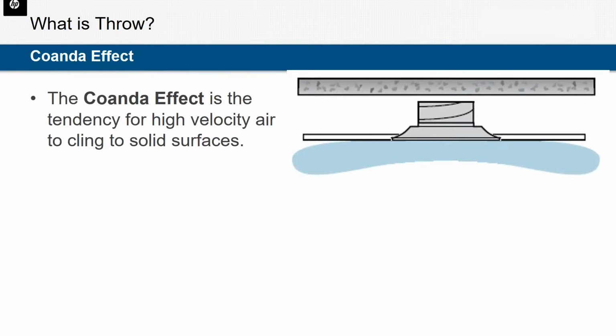Now there's an effect called the Coanda effect. This was originally derived in aerospace engineering to describe air flowing around the wing of a jet, essentially an airfoil. But we work in HVAC. We get to use aerospace principles every so often ourselves. The Coanda effect is essentially a term to describe the tendency for high velocity air to cling to solid surfaces.